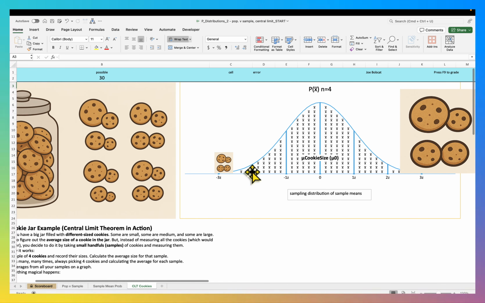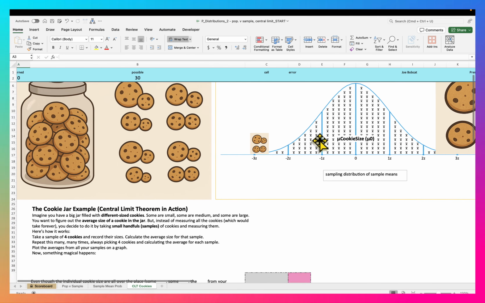Really far away from the mean on this side would be a sample that had only little cookies, and really far away on this side would be a sample that just managed to have only big cookies. In most cases, you get samples that have mixed cookies, and so the average is going to be in here.